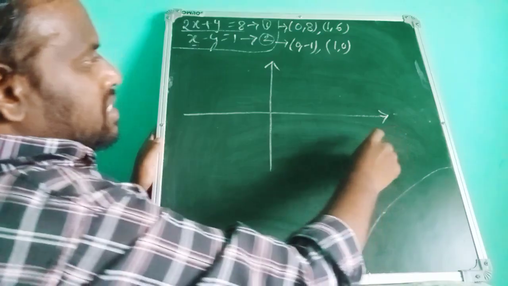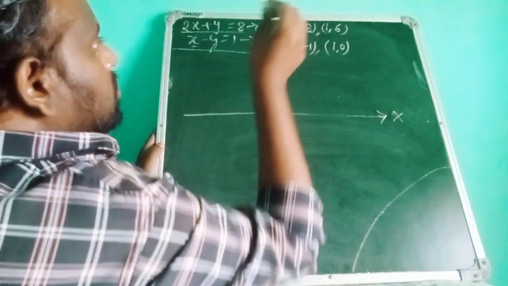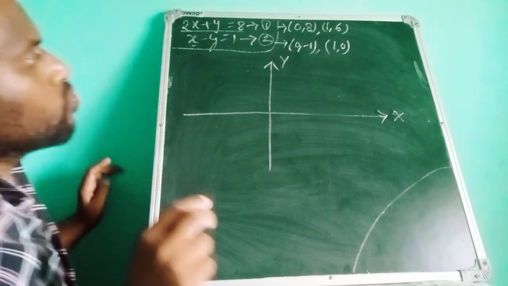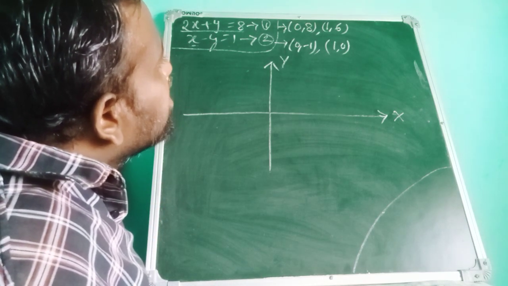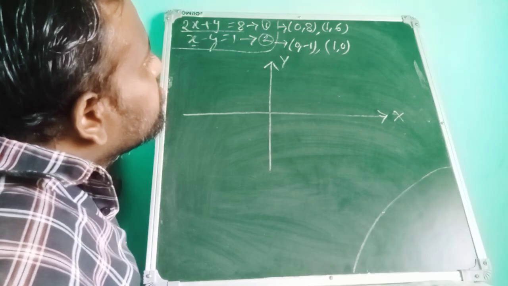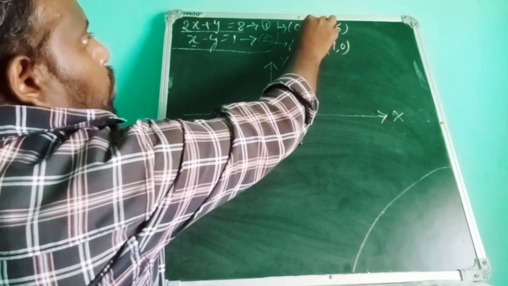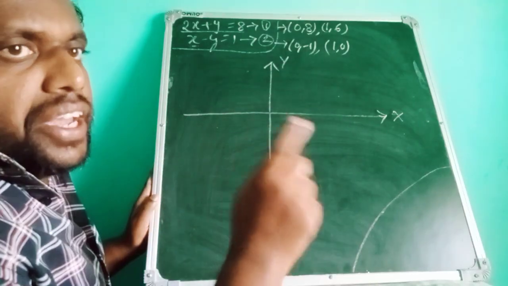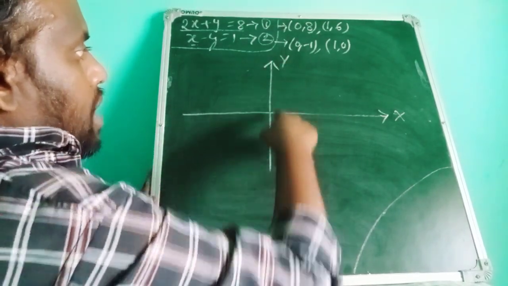Like this. So this is the x-axis, this is the y-axis. See, the y value is 8, so 8 values are there on this y-axis.